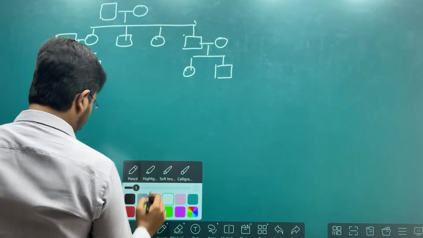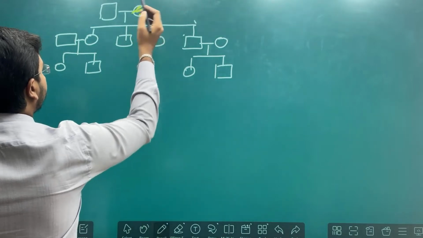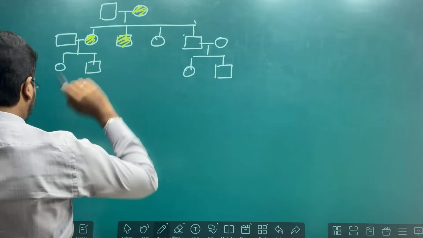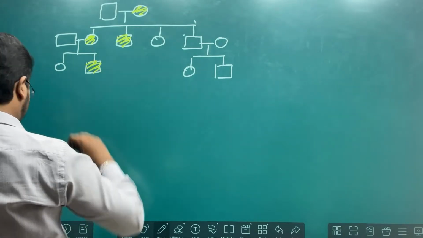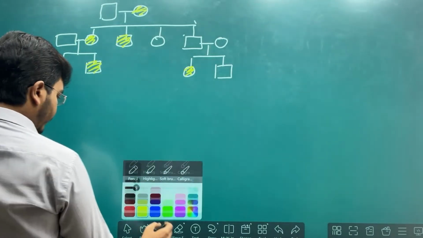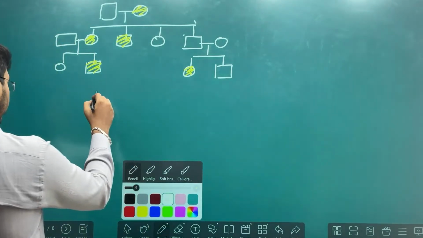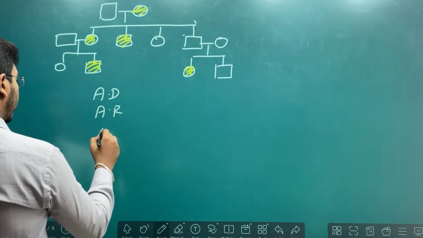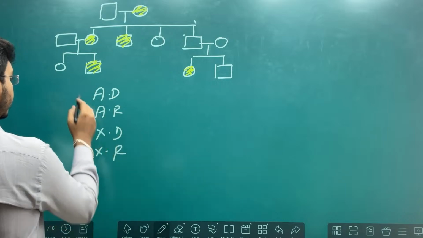Let's imagine the mother is affected, daughter is affected, son is also affected, grandson is affected, and granddaughter is affected. So what is the answer? Is it autosomal dominant, autosomal recessive, X-linked dominant or X-linked recessive?